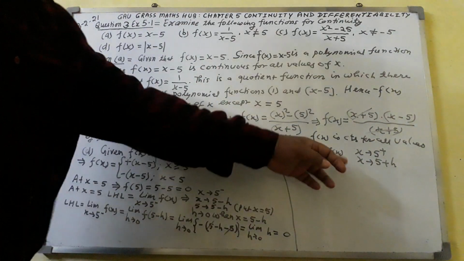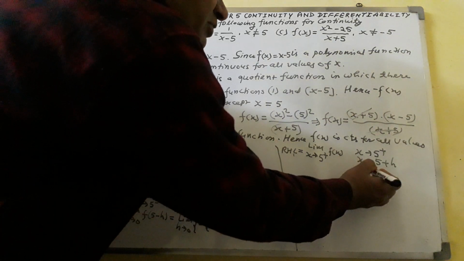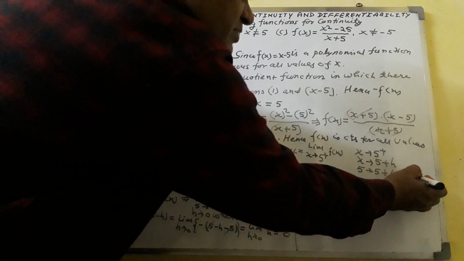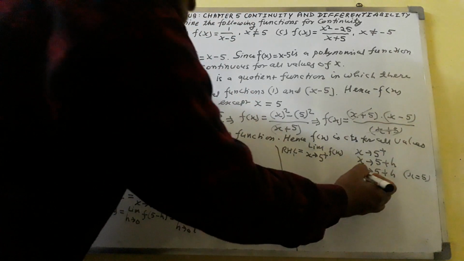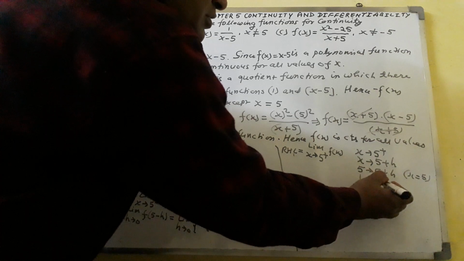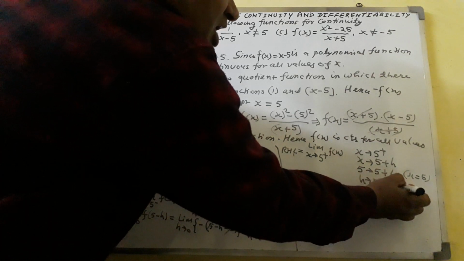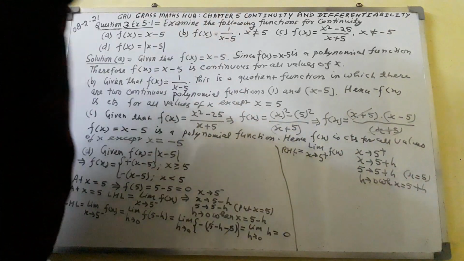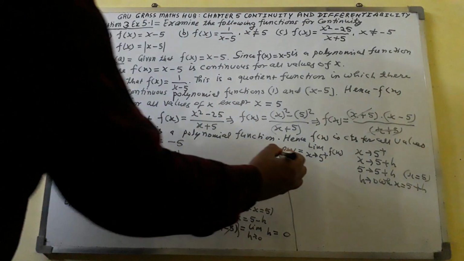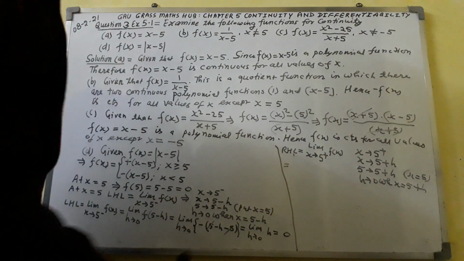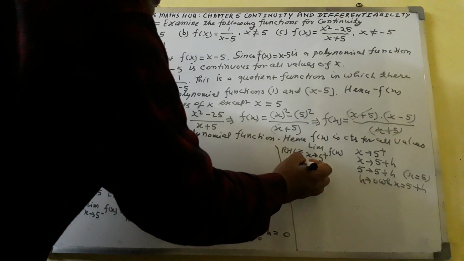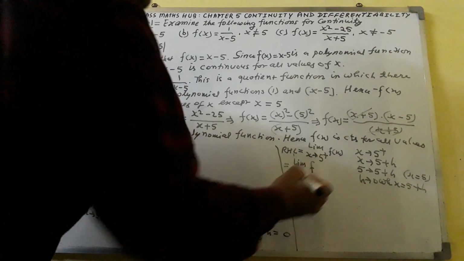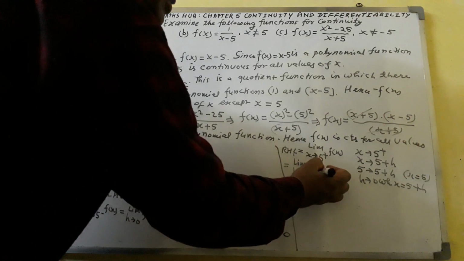So you will get h tends to 0 when x equal to 5 plus h. Now I shall write the right hand limit as h tends to 0, and in place of x I shall write 5 plus h.